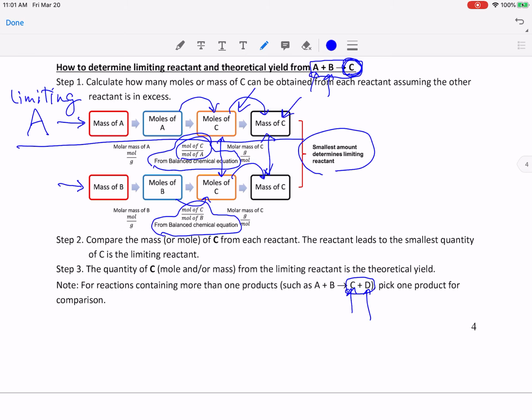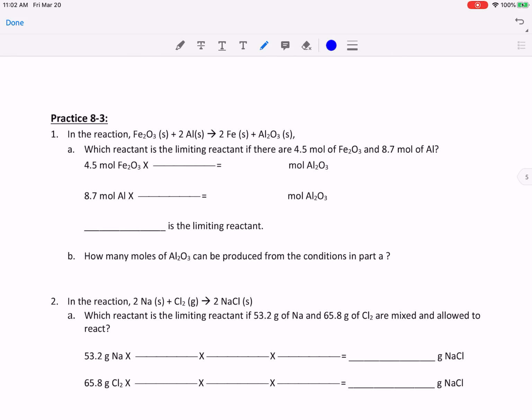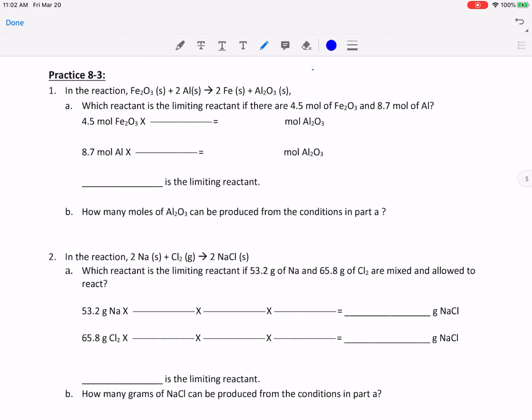All right, let's try to do the actual problem. Practice 8.3, question 1. In the reaction, so again here, the chemical equation is given. Make sure this is balanced, then you can use it.